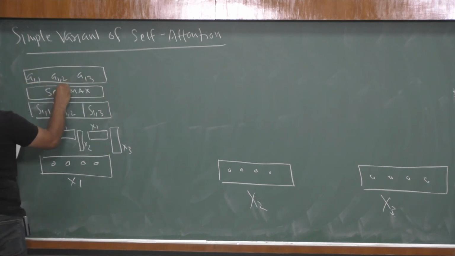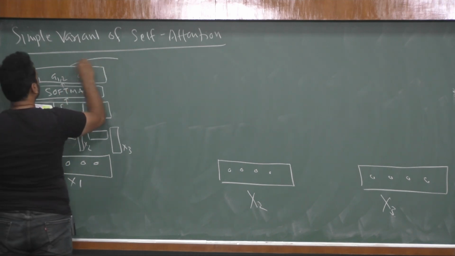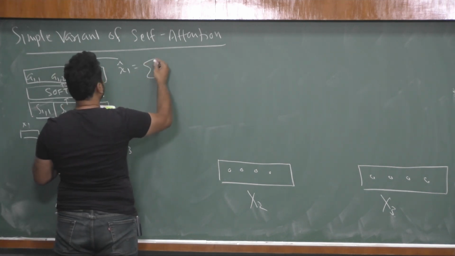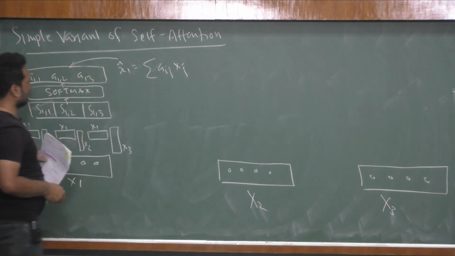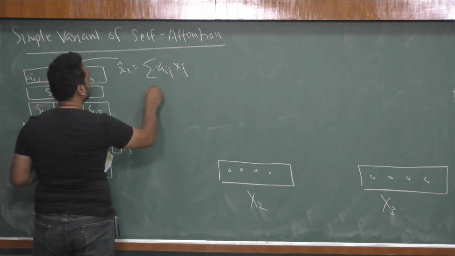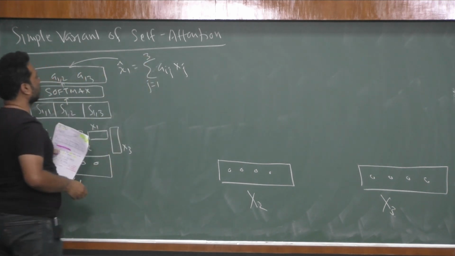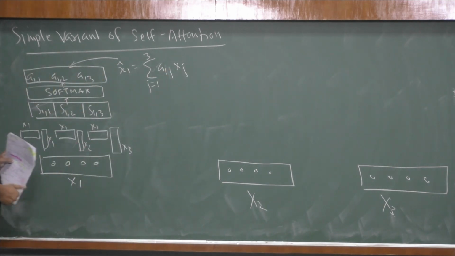Then some context could be generated based on this: alpha 1j taken with xj, where j runs from 1 to 3. We have also seen this in the encoder decoder model, but we are moving towards the transformer.